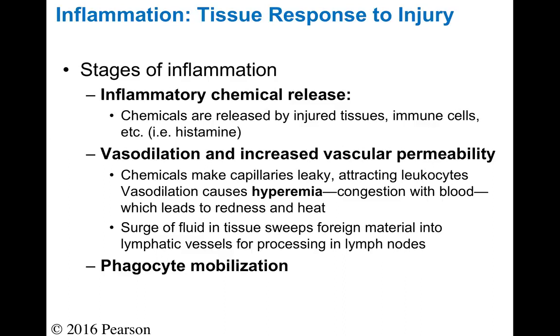You also have the process called hyperemia, which basically means congestion with blood. In these processes, you have a lot of fluid coming in, a lot of white blood cells coming in, and an increase in blood supply, which means more heat.